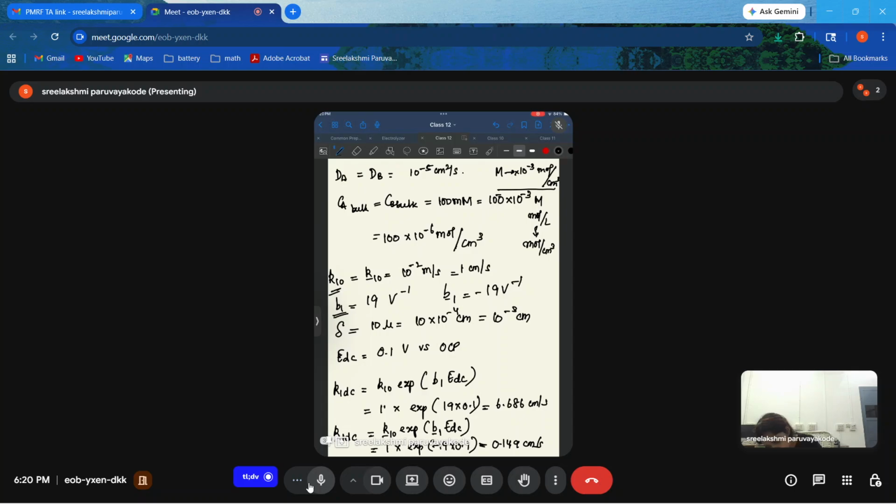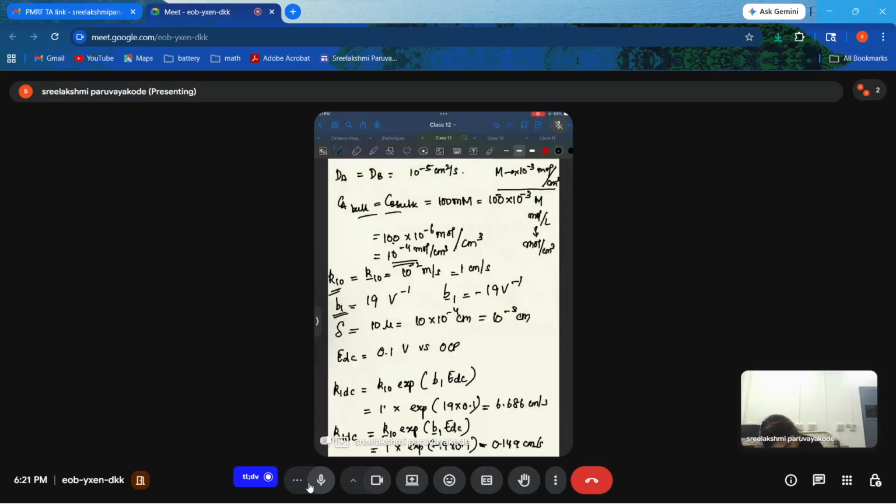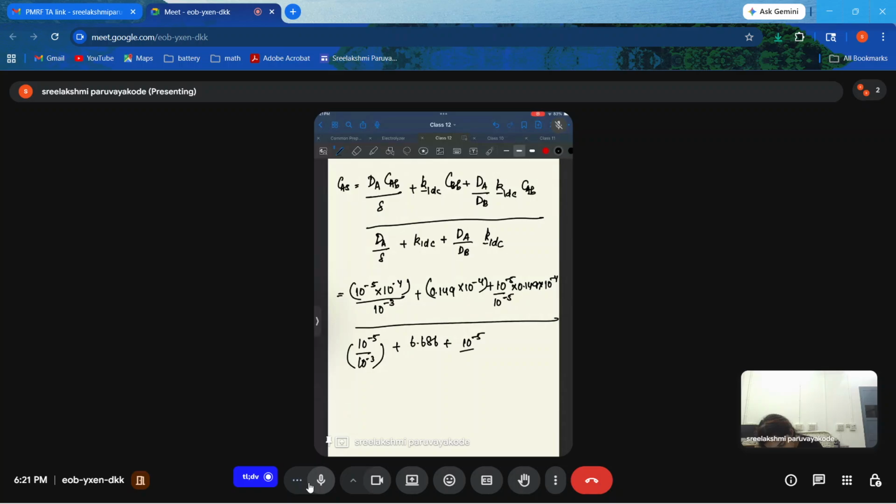C bulk, Cb bulk equal to 10 to the power minus 4 mole per centimeter cube. dA by dB, 10 to the power minus 5, 10 to the power minus 5, 0.149, 10 to the power minus 4, divided by dA 10 to the power minus 5, then equal to 10 to the power minus 3, plus k1 DC is 6.686, plus dA by dB 10 to the power minus 5, 10 to the power minus 5, 0.149.